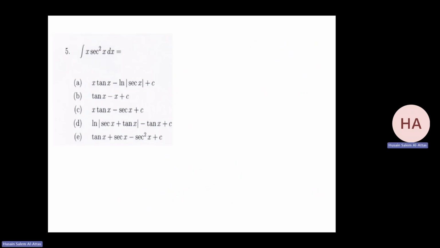Integral x secant square x. So I have what? If we are dealing with LIATE, this is A and this is T. So for sure I will let u equal x and dv equals secant square x dx. So du is dx and v will be tan x.